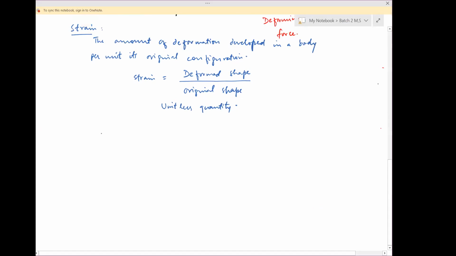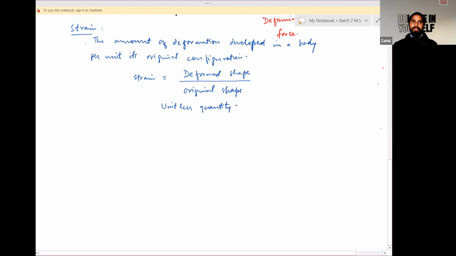Okay. Now there is a relation between stress and corresponding strain, which is defined by Hooke's law. But there will be two different limiting conditions. First, temperature of body or surrounding should be constant, and stress and strain should be within elastic limit.